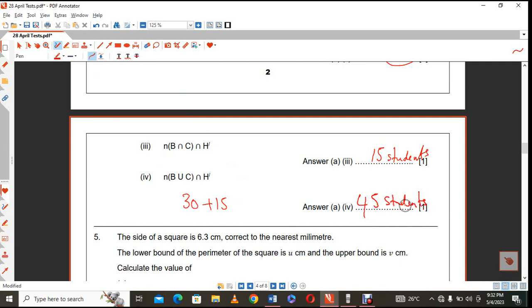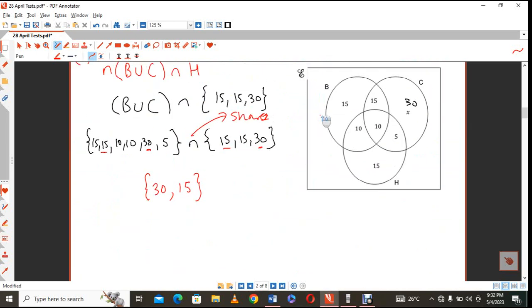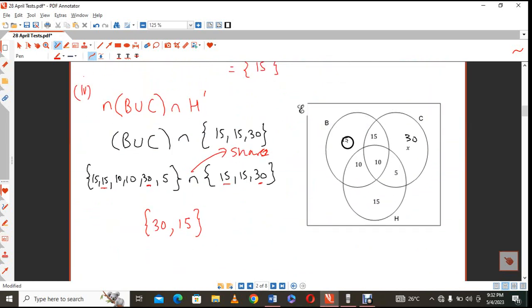All right. So it's a bit of work that you need to do on the diagram itself, or you find a place where you can do it, and then from there on, it sort of gets much easier. I just want to go back to the union of B union C, right? So just to go back to my B union C, so it's 15, 15, 10, 10.